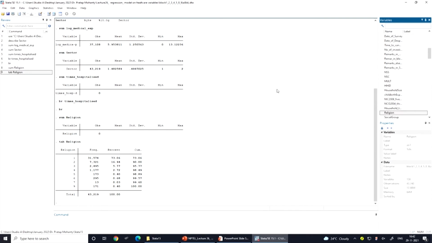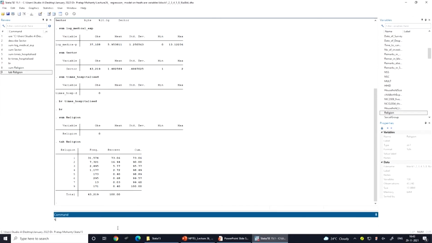The tabulate command is also possible to operate on a string variable, but since it is not calculating anything, unlike estimation, string variables are not going to give you any result there. Now, if in place of one variable you use tab with two variables, that will give you the frequencies of the two, that is, a cross tabulation of the variables.